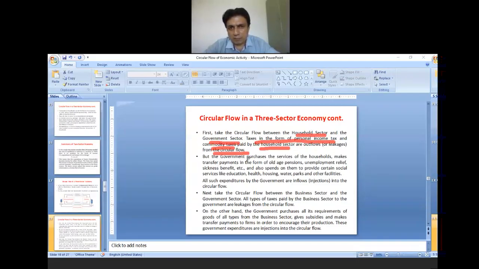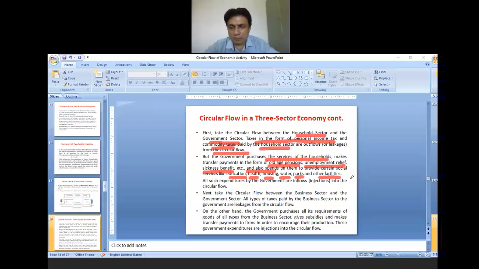So the government purchases the services of the household, makes transfer payments in the form of old age pensions, unemployment relief, and sickness benefits. These are benefits given by the government to the households or consumers. The government also spends on them to provide certain social services like education, health, housing, water, paths, and other facilities.